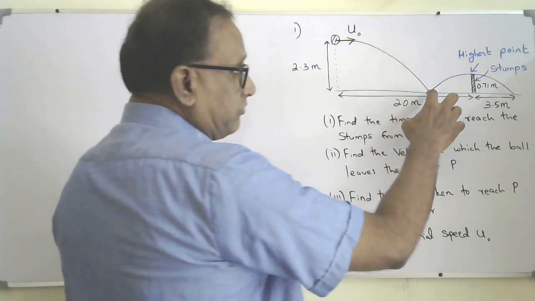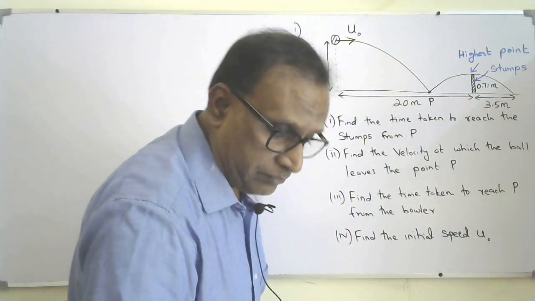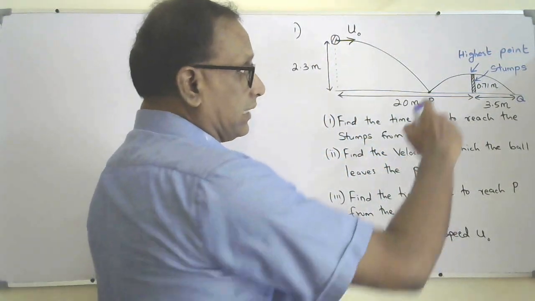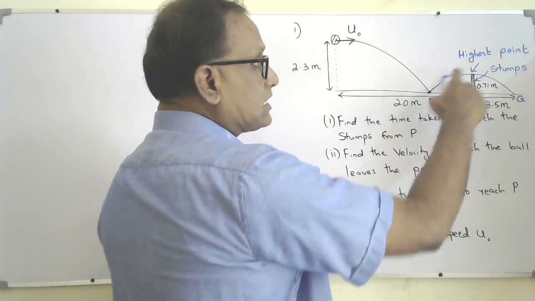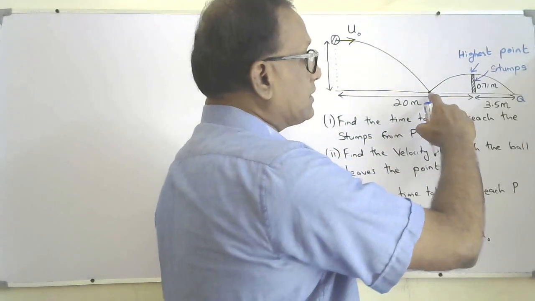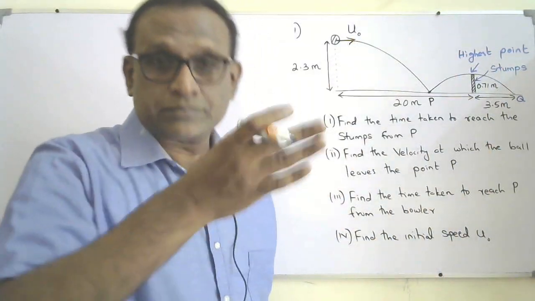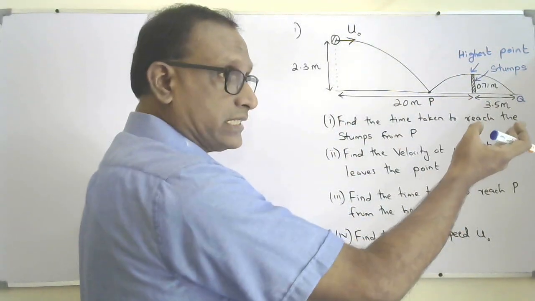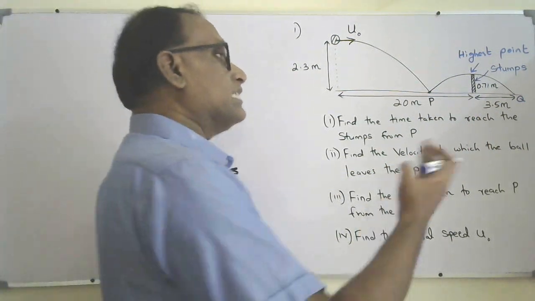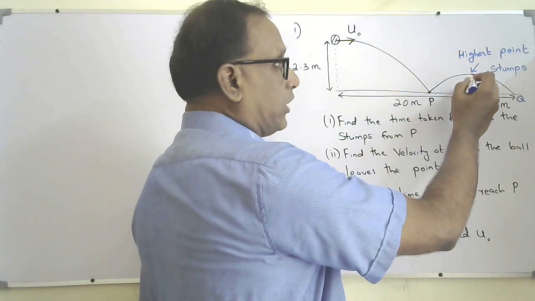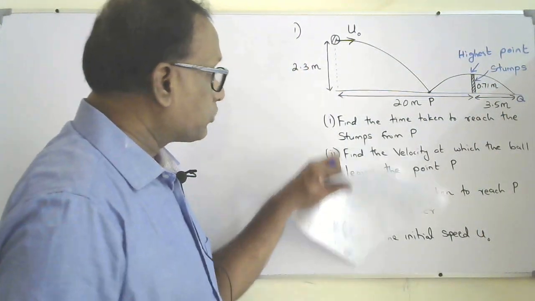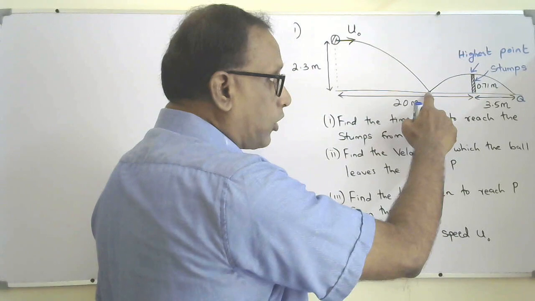If the initial point P and this point, which I name Q, are along the same horizontal line, then the time taken to reach the highest point from P will be the same as the time taken to reach Q from the highest point, because the motion is symmetrical about the stumps.